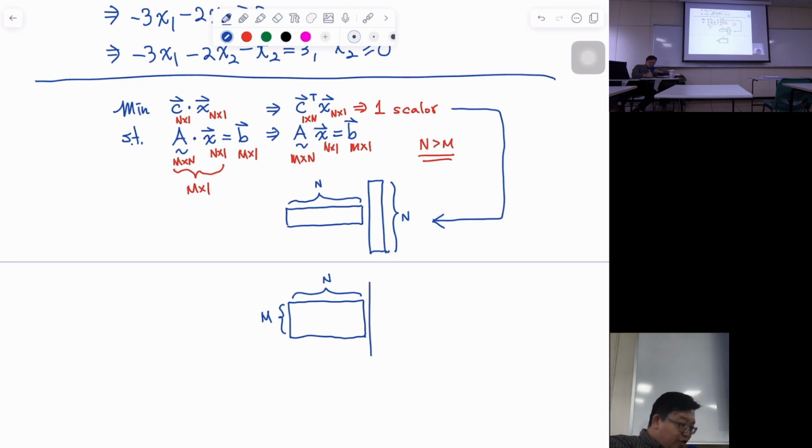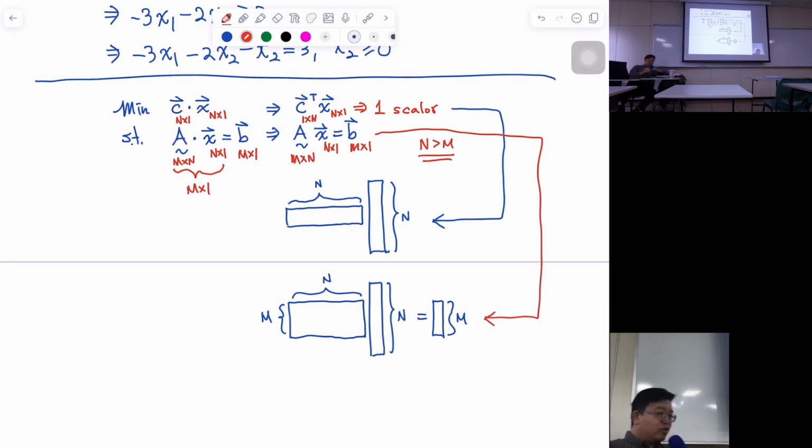And the size of this is n, and this is gonna equal a vector that is shorter, with size m. This is how it's gonna look if you try to draw the size of the matrices. Okay?